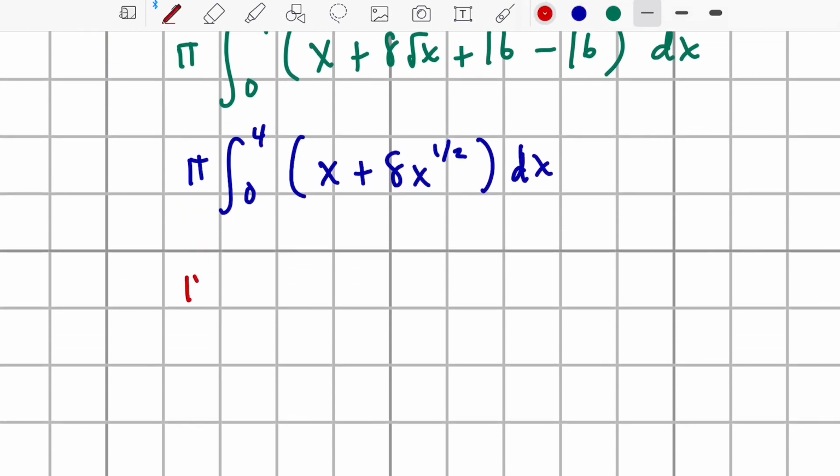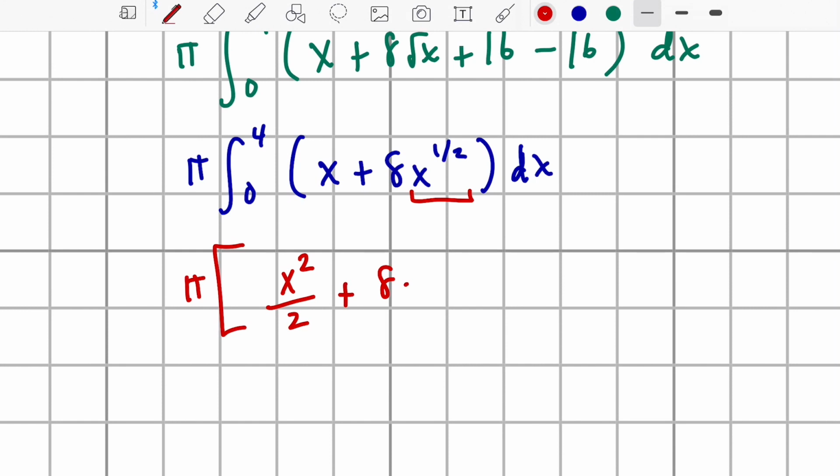Let's integrate. Pi, the antiderivative of x is x squared over 2 plus. Now for the next one, I'm just going to take the antiderivative of that and then multiply the result by 8. So it'll be 8 times, I'm going to add 1 to the exponent.